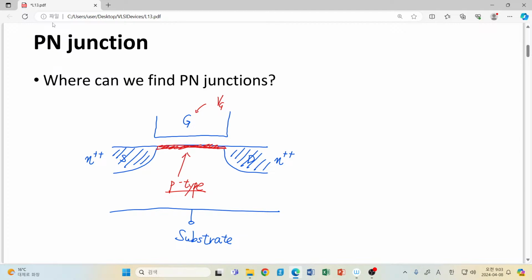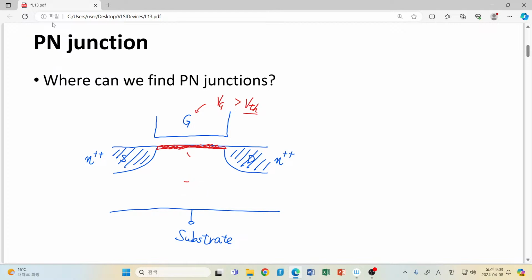Everybody in this room should understand this basic knowledge before enrolling in this course. So when we have a gate bias voltage higher than the so-called threshold voltage, we can have meaningful current. But today's point is the PN junction.